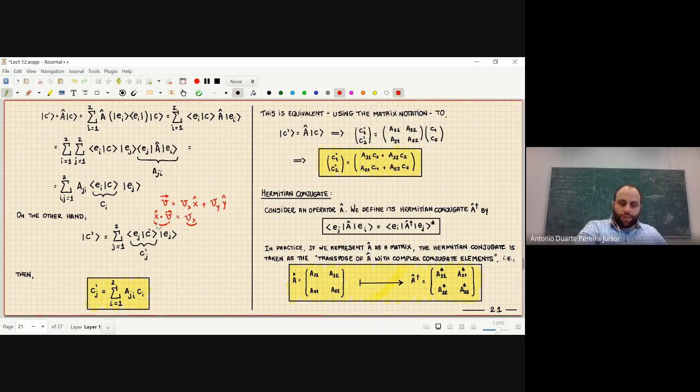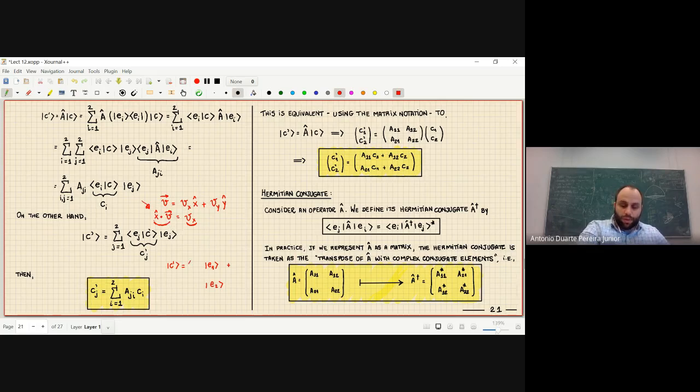So what I'm doing here is writing the same expansion, but in Dirac notation. I'm saying C prime is the coefficient that comes with the element E1 plus the coefficient that comes with the vector E2. But what is the coefficient that comes with the vector E1? Just follow the rule here. The coefficient is the scalar product between the vector of the basis and the vector itself.